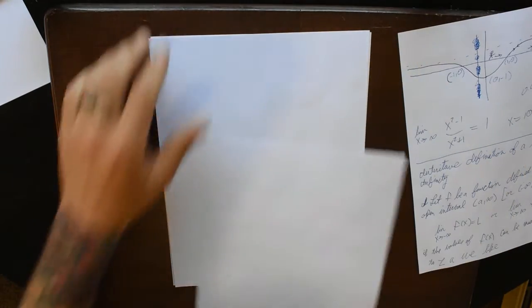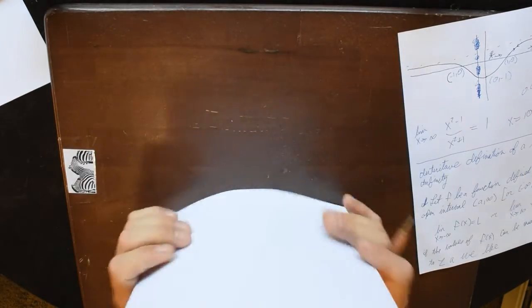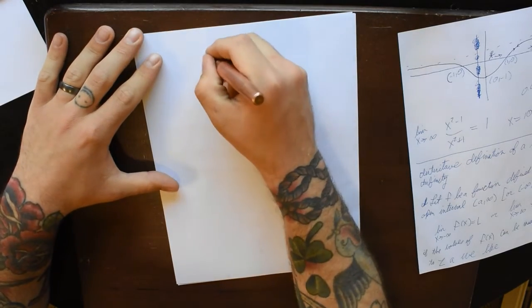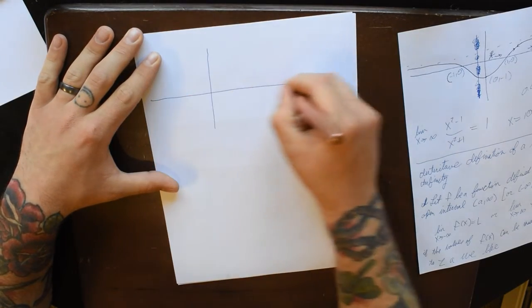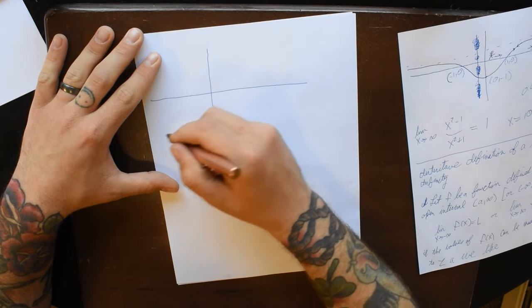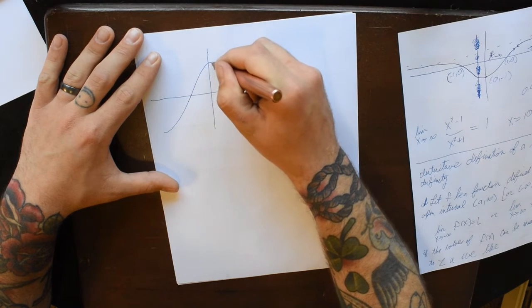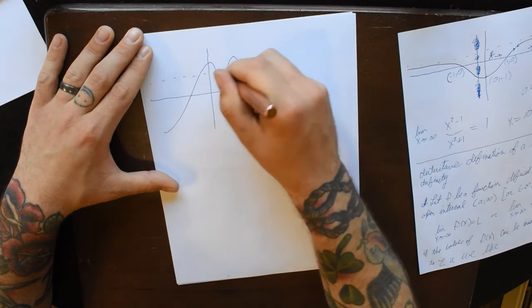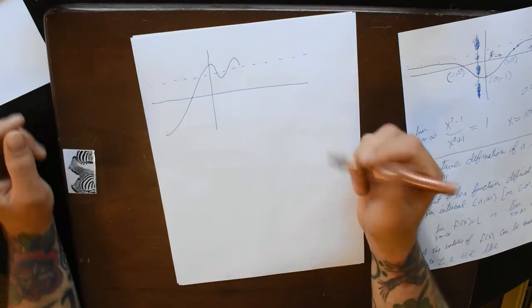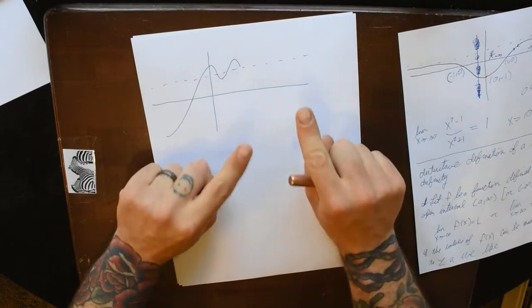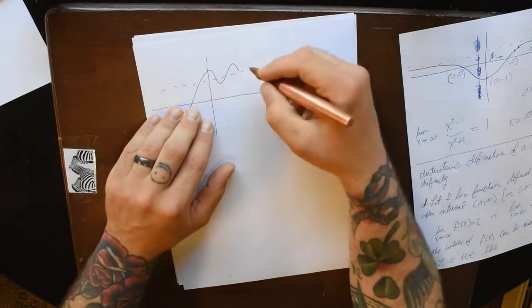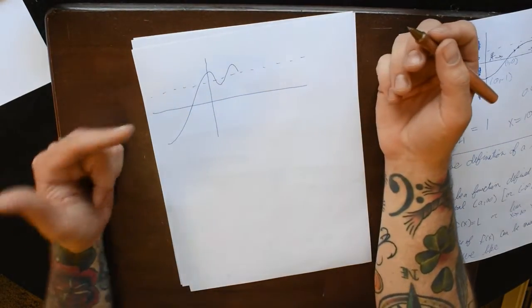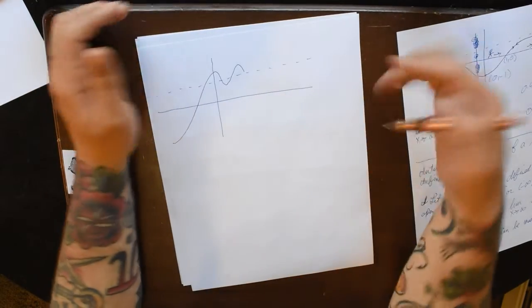I didn't see this in the book, but I do want to let you know that a function can cross its horizontal asymptote. There is nothing wrong with it crossing a horizontal asymptote. The key word is a finite number of times. It can't oscillate forever like sine of x or cosine of x does about the x-axis.